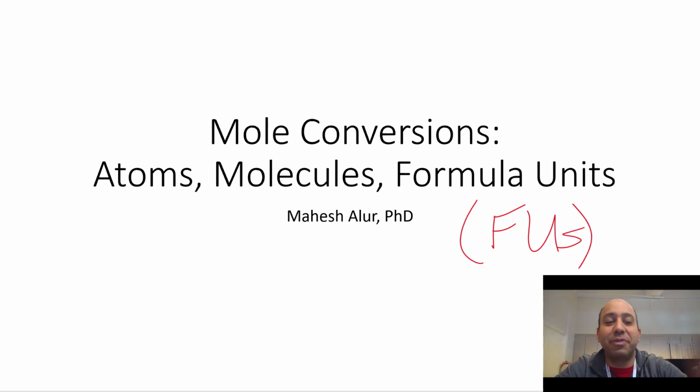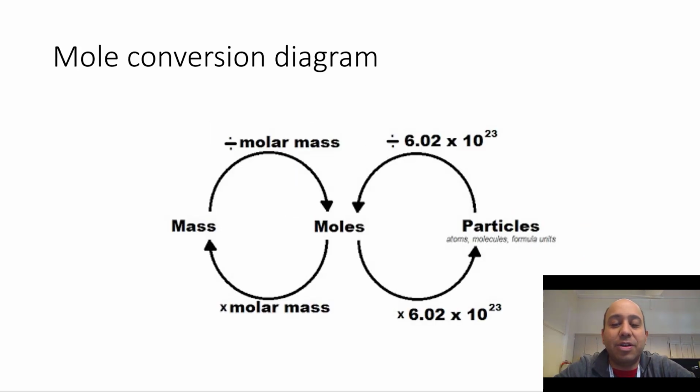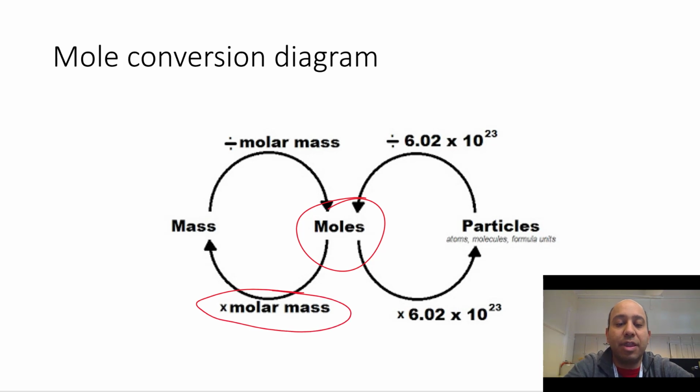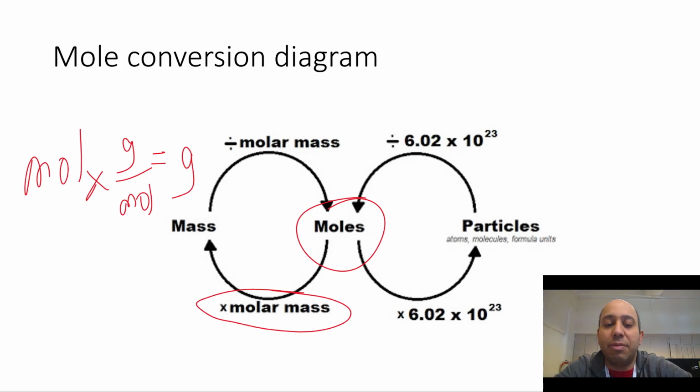Okay, so here's a diagram that should help you understand what you've been doing and what you're going to be doing. So moles are in the center, as you can see, right? And to go to grams, you have to multiply by molar mass. Think about it. When moles is the given, and you're trying to solve for grams, you put moles on the bottom, and you put grams on the top, and you notice that you're multiplying by the mass, because the mass goes right there, right?